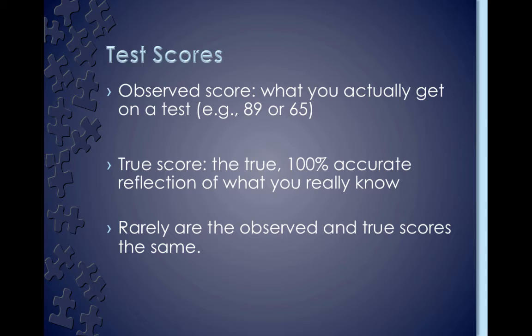So we have this differential. We have this difference between what you actually do know, your true score, compared to what you actually earned, your observed score. And rarely are these two scores ever going to be equal, because unfortunately, there's no way that we can ever really, truly know what you really know based upon testing you, right?